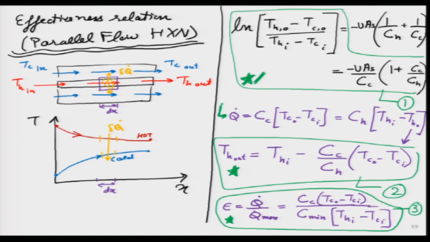The only thing that we need to do now is solve these 3 equations for epsilon. Epsilon is already given as an expression over there, and we will eliminate some of the other terms. This whole thing we are doing for which heat exchanger? Please remember, we are doing it for the parallel flow heat exchanger. Some of the general equations may be true, but eventually the expression that we will get is only for the parallel flow.